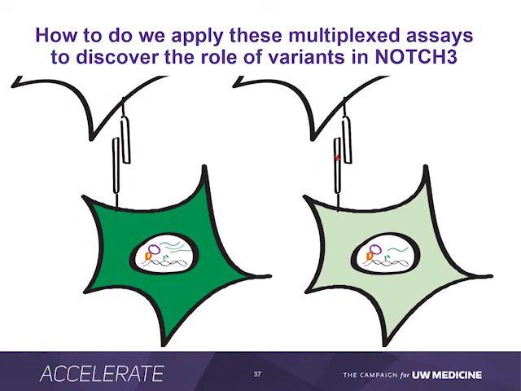And again, we can separate the cells that have a good Notch 3 from the ones that have lost the ability to get into the nucleus by how green these cells are. Right, so again, we can use those fluorescence activated cell sorters to say these are super green, these are not green at all. And again, we can sequence which Notch was being expressed in those cells.